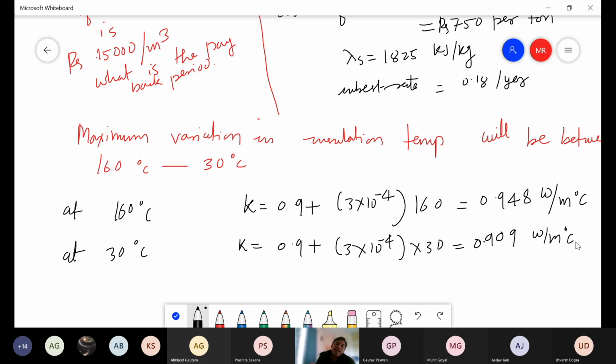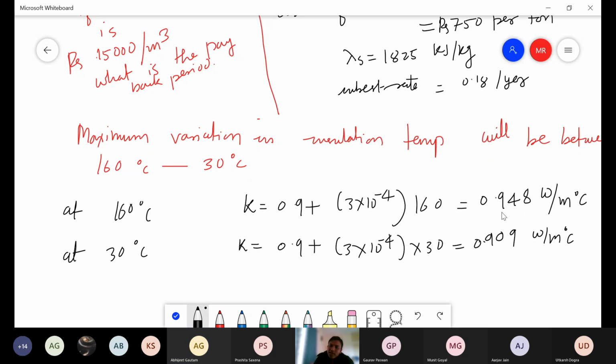So now, even though my temperature is changing from 30 degrees to 160 degrees, my thermal conductivity is not changing too much, isn't it? At 30 degrees Celsius it was 0.909 and at 160 it is 0.948. Is there any significant variation in thermal conductivity? No, sir. It is varying only in the second digit, isn't it? Correct?